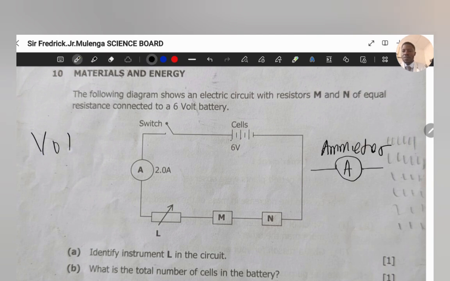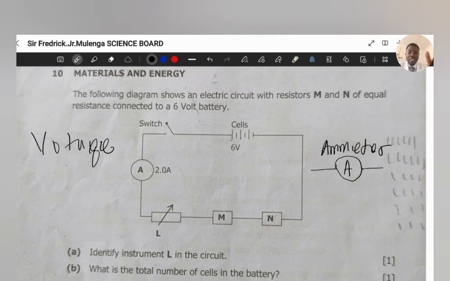So voltage is defined as the energy supplied to each coulomb of charge. We have two types of voltage. I don't want you to make mistakes in the exam.